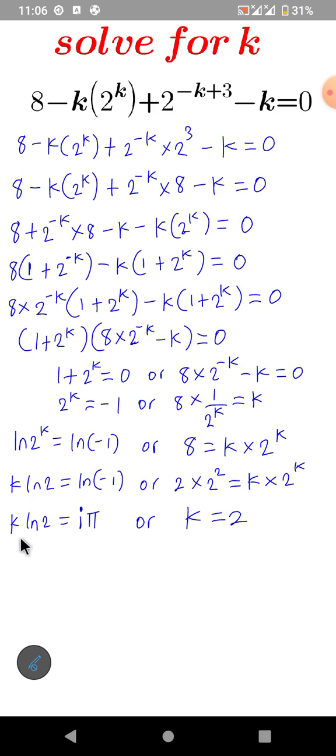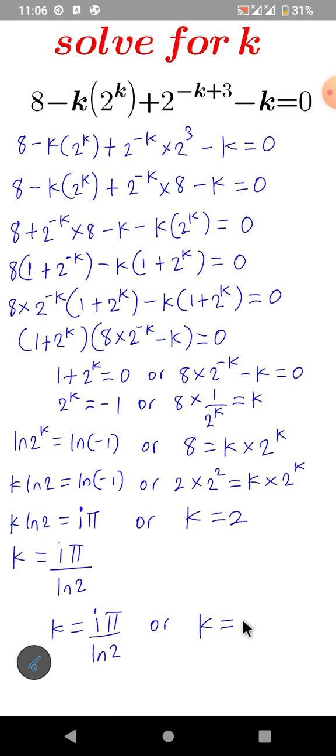Then from here, I can say that k is equal to i pi all over ln 2. So the solutions to this exponential equation are k equal to i pi all over ln 2, or k is equal to 2.